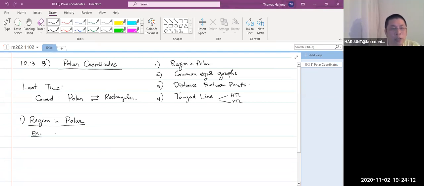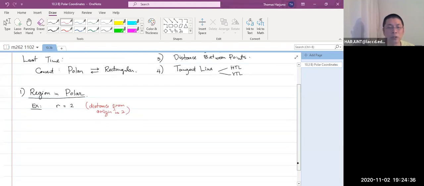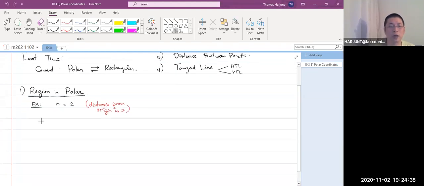Okay, so for example, when we say R equals to 2, what does it mean? This means distance from origin is 2. All the coordinates whose distance from origin is 2 should give us a circle with radius 2.